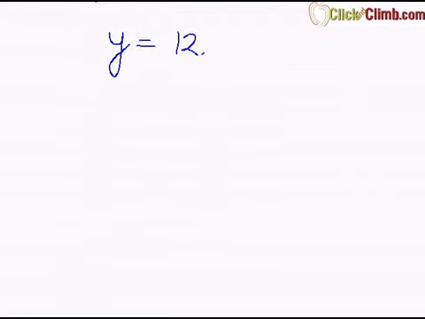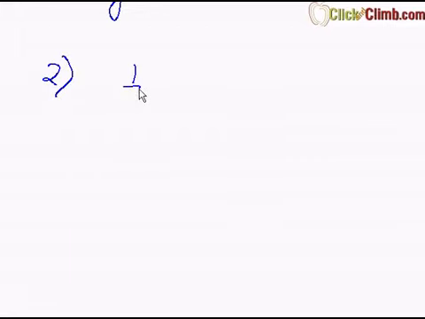Let us take a few more examples. The second example is 1/3 of x equals -8. In the previous one I had y over 4, and this one I have 1/3 of x. Both mean the same thing.